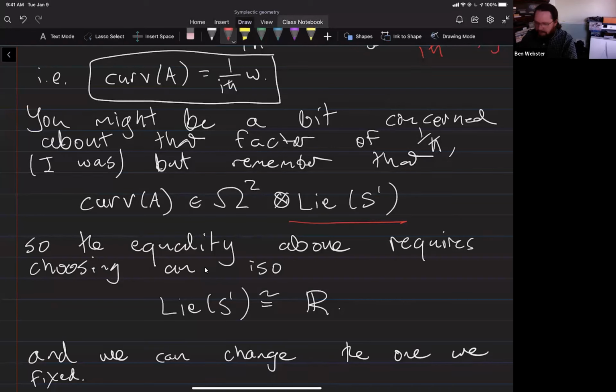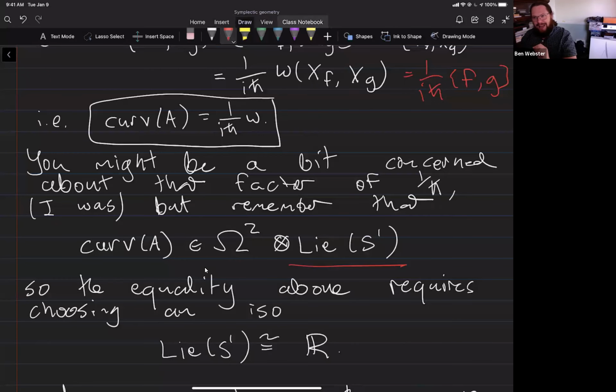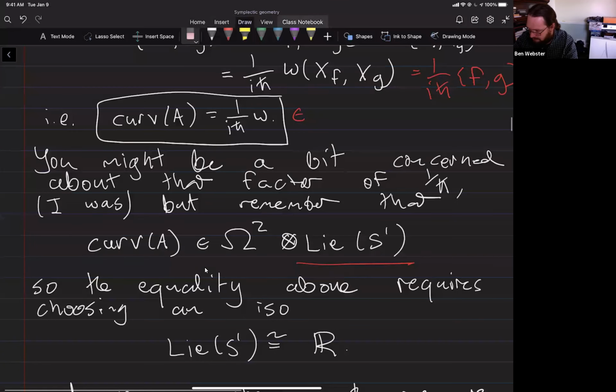So one of the points about the i is, if you're thinking about U1 as a matrix group, its Lie algebra is matrices with imaginary entries. But when you identify that with R, you have to sneak in a factor of i many places. So in particular, when I write this formula for curvature that has an i in it, then I'm really thinking of this as valued in the Lie algebra of U1, which I can identify with iR.